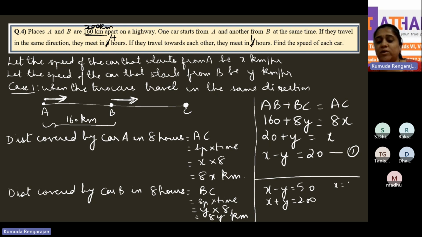On solving, you get x is 125 and y is equal to 75. Please check this. These are the equations and these are the values of x and y. Please make a note of this.